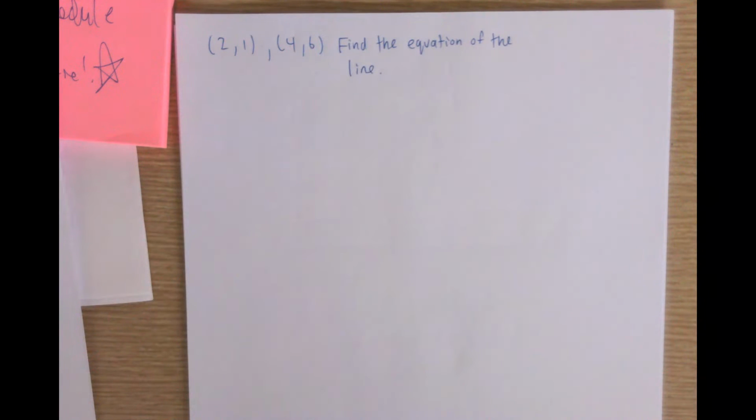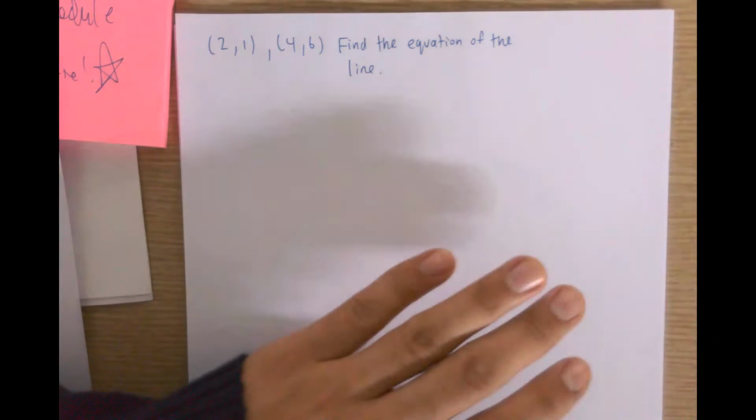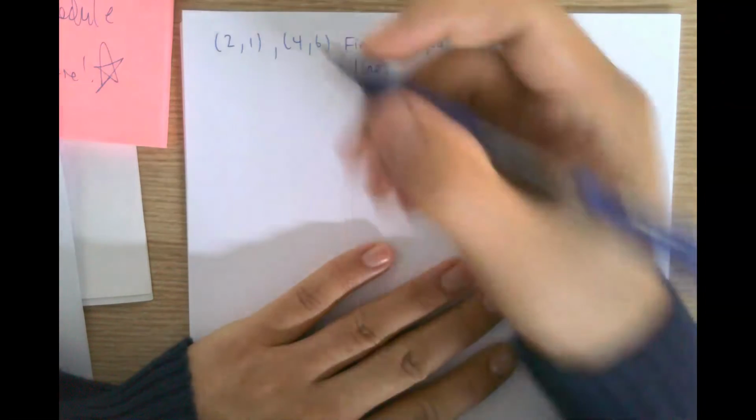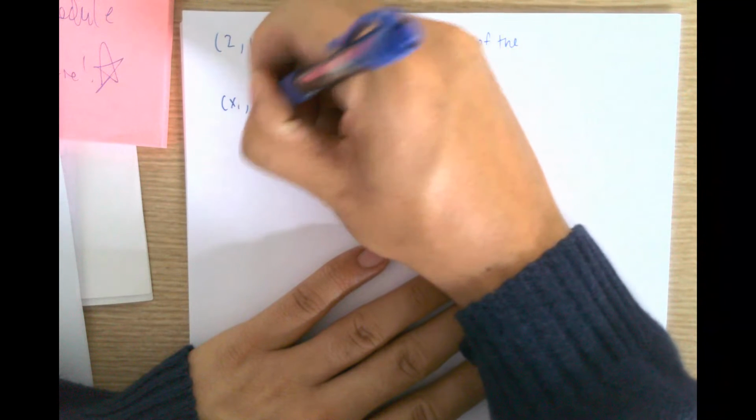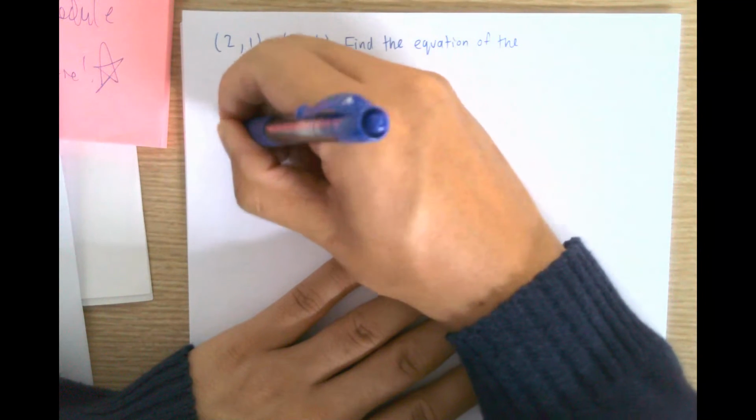Find the equation of the line. Okay? So the very first thing we want to do is go ahead and find the slope. So I'm going to label one of my sets of points, and then I can label my second set of points.